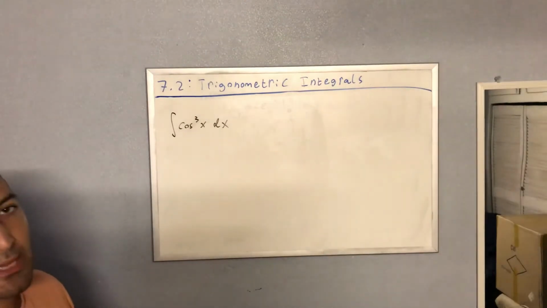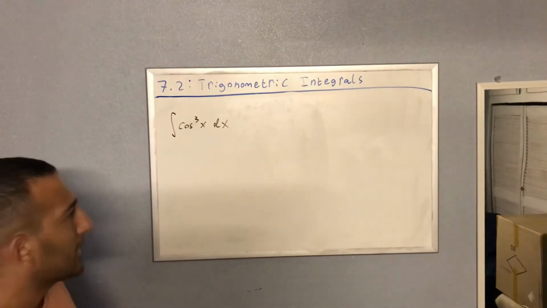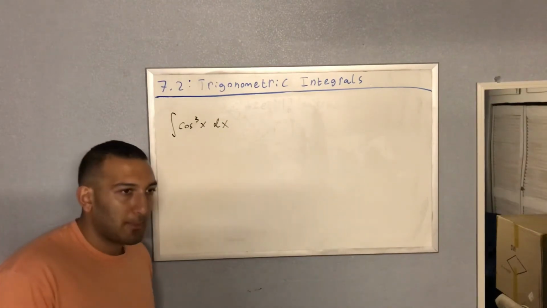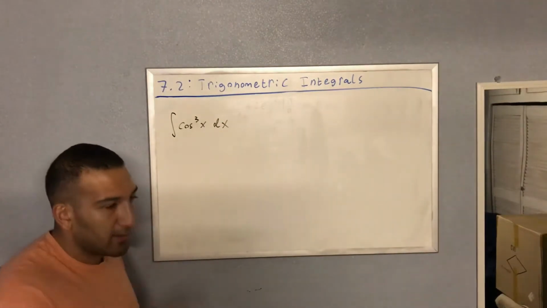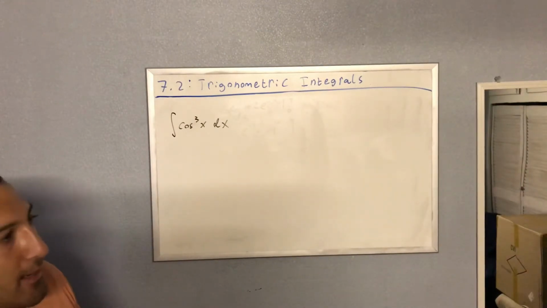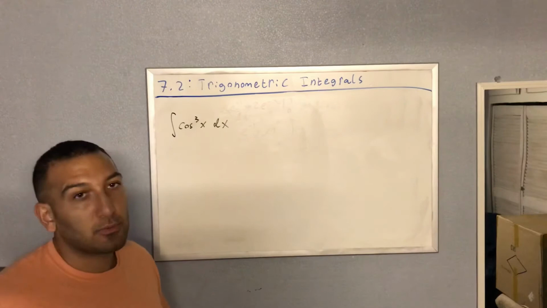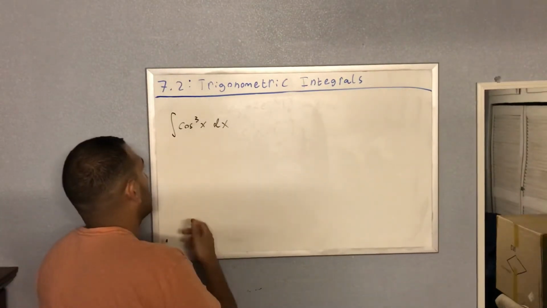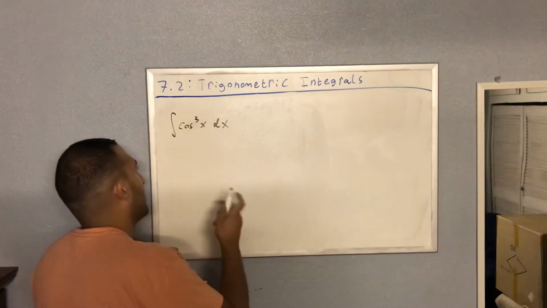Can we do any of the techniques that we have? Can we do u substitution? Can we do integration by parts? And the answer very quickly becomes, for one of them, u substitution won't do anything for us. What's the only choice for u? It's cosine. Well, that's not going to do much.